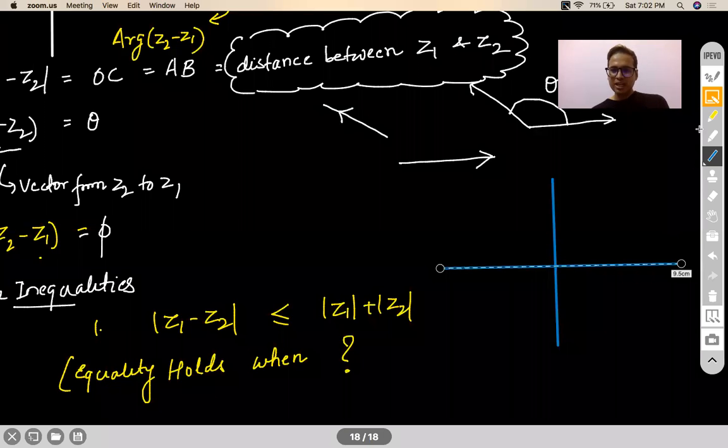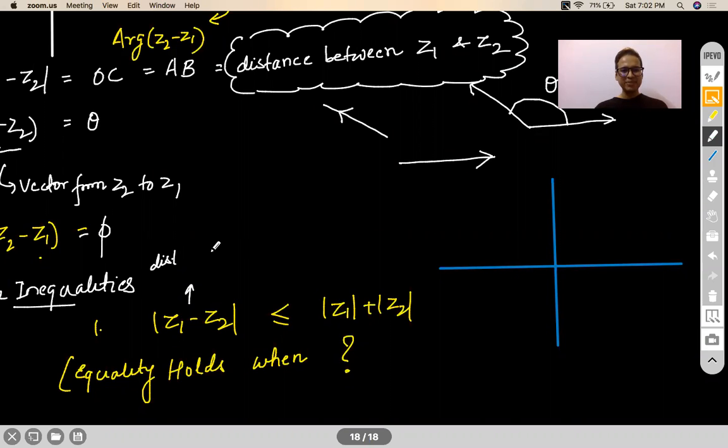See, read this. In your mind, if you read this, it is basically the distance between Z1 and Z2. Am I right? Correct? It's there on your screen.